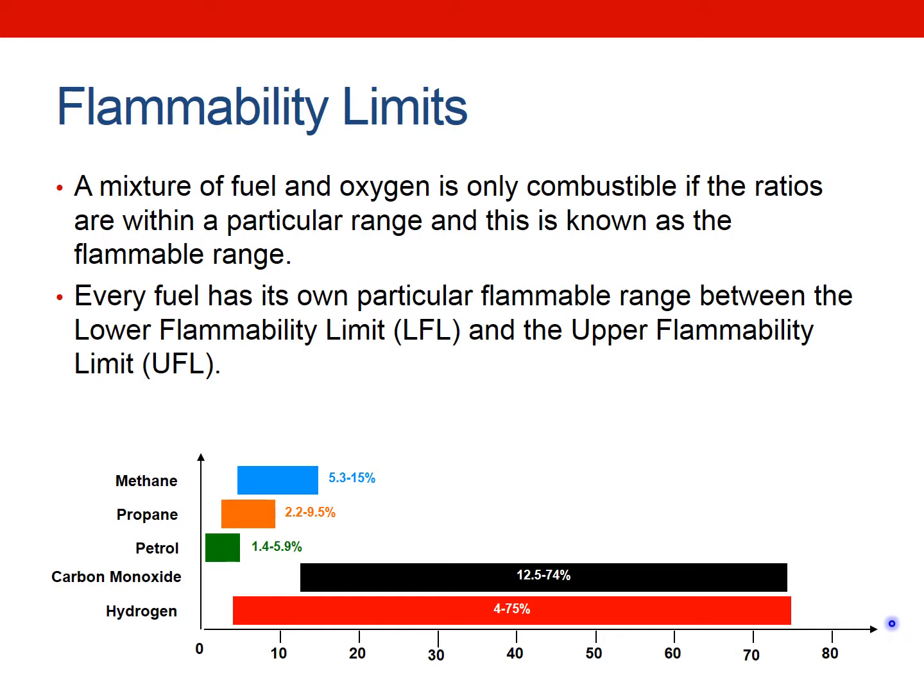So it seems intuitive that if you start working in from both ends, you're eventually going to reach a point where you've either got enough fuel to initiate combustion, or you've got enough air to initiate combustion. So these flammability limits make sense. There's one for petrol as well, but the really scary one is, look at the wide range of flammability limits that you need for hydrogen.